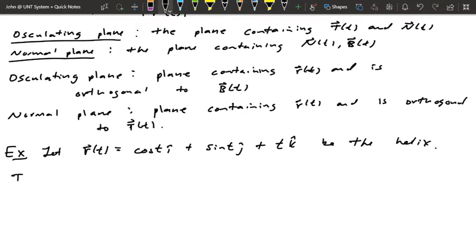All right, so let's begin. So T is equal to r prime over the length of r prime. So let's calculate those objects.